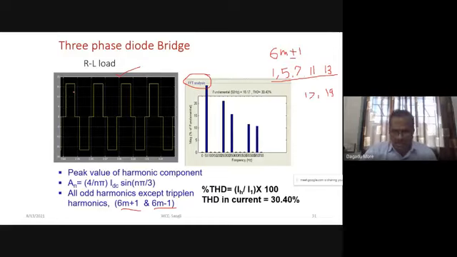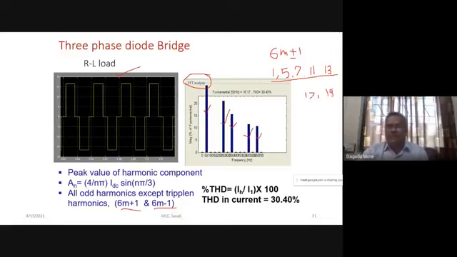These triplen harmonics are absent, and the odd harmonics except triplen are called 6m plus minus 1. This is the fundamental if you see it here. Then the fifth has a 250 Hz frequency. Then the 7th, then the 11th, 13th, and so on.